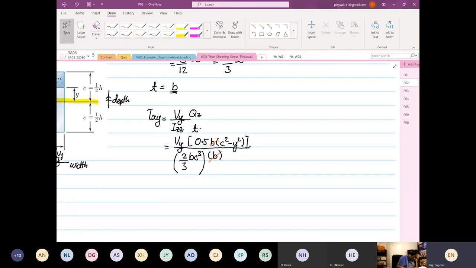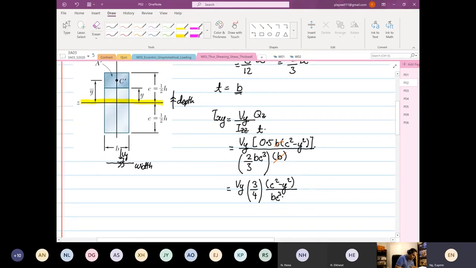So this will be equal to Vy, 3 over 4, because half divided by 2/3 is 3 over 4. Then you have C squared minus Y squared, and over here you have BC cubed.